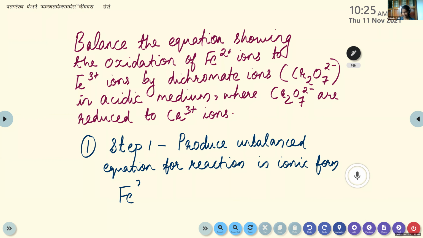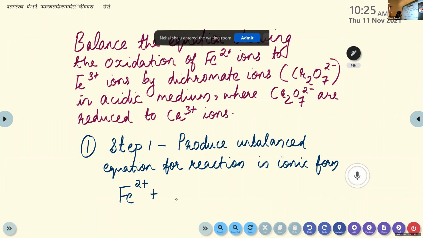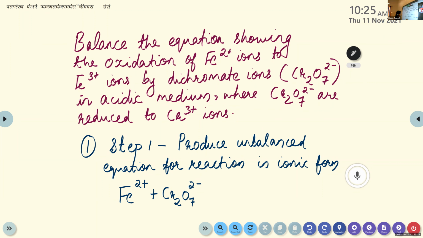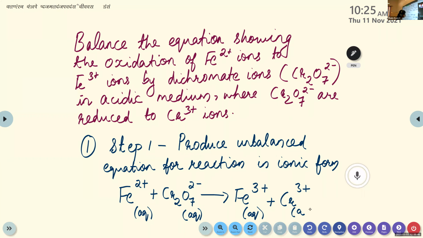So here we can write Fe2 plus plus Cr2O7 2 minus gives Fe3 plus plus Cr3 plus. Okay, this is the unbalanced equation of reaction in ionic form. Can also specify the physical state. Here Fe2 plus in aqueous state, then Cr2O7 2 minus, that's also in aqueous state. The products also in aqueous state. So that's the first step.